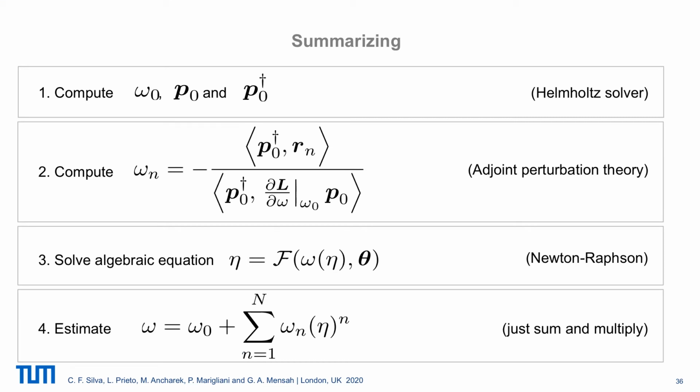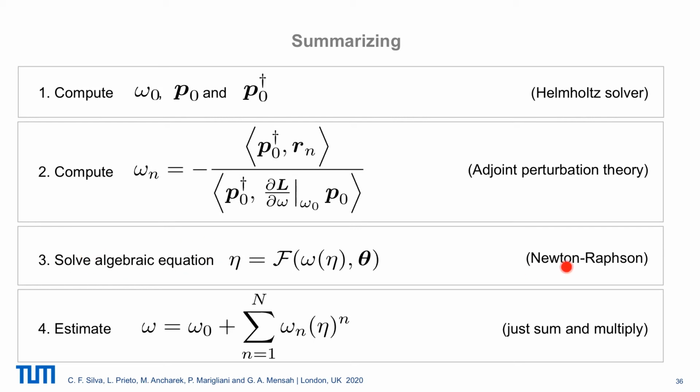So let's summarize the steps. We have first to compute by the Helmholtz solver the nominal values for the eigenfrequency, the direct eigenmode, and the adjoint eigenmode. Then we use adjoint-based perturbation theory to compute the coefficients omega n. Then we will solve an algebraic equation.